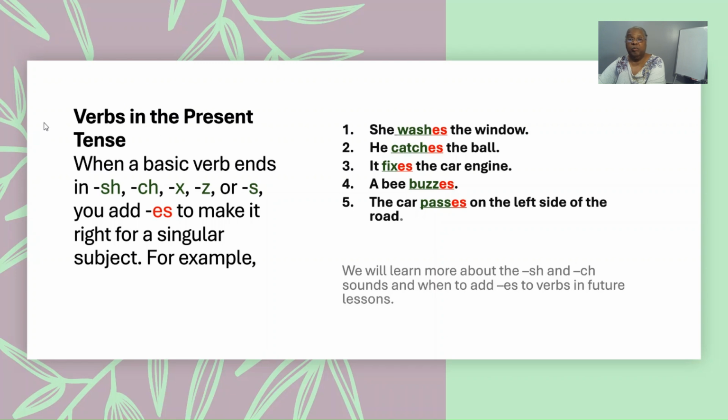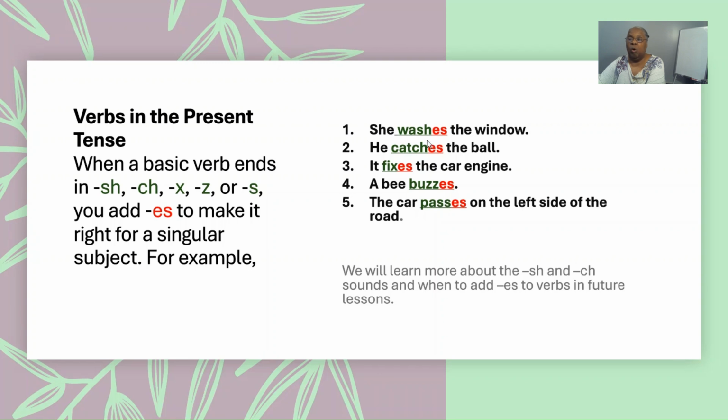When a basic verb ends in SH, CH, X, Z, or S, you add ES to make it right for a singular subject. For example, in the first sentence, she washes the window.